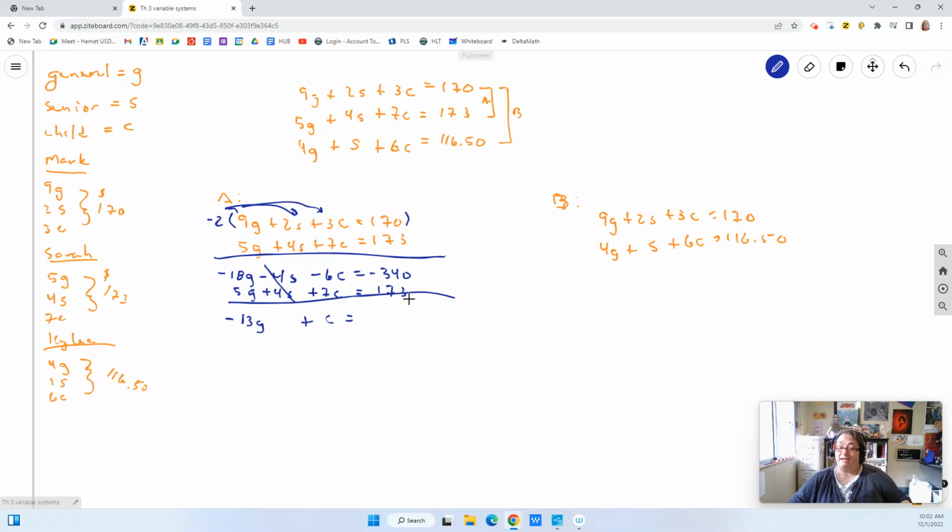I can't find what I did with it. I just have paper sitting on top of it. We have minus 340 plus 173, and that gives us -167.